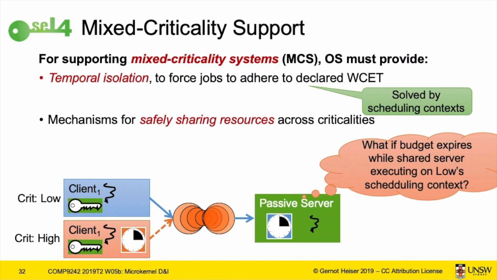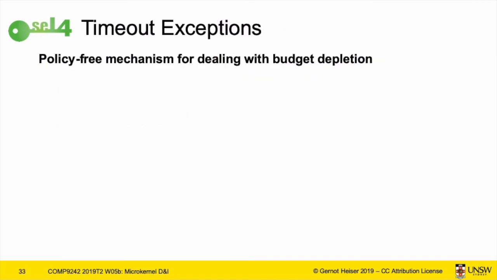So we introduce a third one, which is timeout exceptions. With every scheduling context, now a thread property, when it overruns its budget, a timeout exception is optionally raised, and that goes to an exception handler. And then that implements the actual policy of how to deal with the situation.